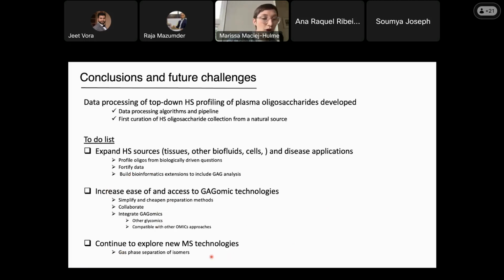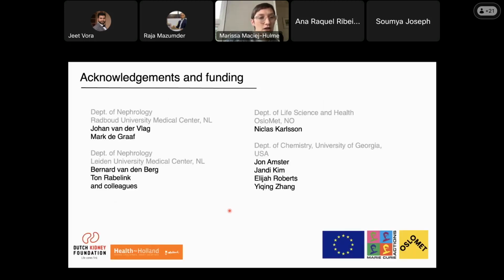And there's a lot of excitement and interest around this gas phase separation of isomers, for example. And as mass spectrometers get more and more intricate and fancy, new capabilities will allow GAGomics to be pushed forward into the future. So with that, I would like to acknowledge my funding sources, but also the people that collaborated and were involved in the work.